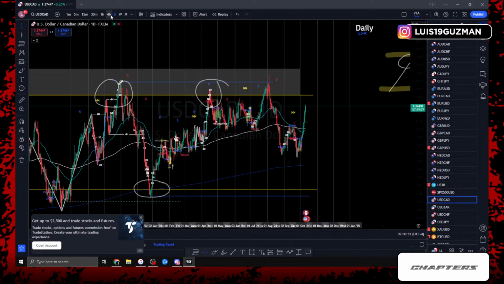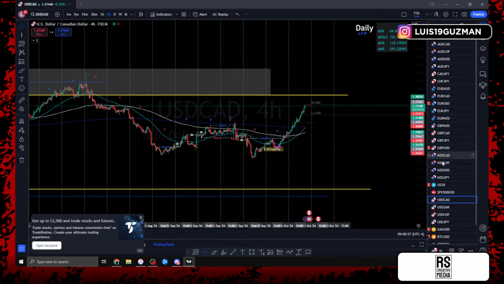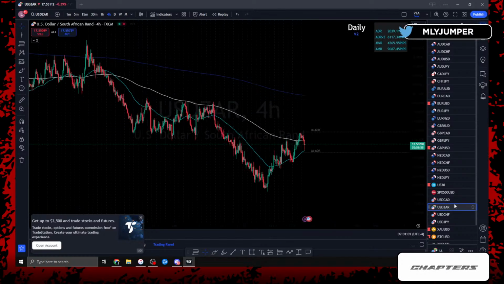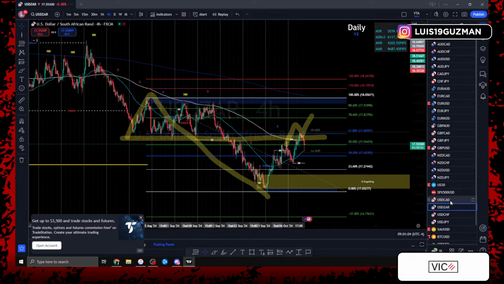USD-CAD internally looks like it wants to continue the push to the top side. Internally, it has 2 weeks of rise. So I kind of want to see the same movement here for USD-ZAR.